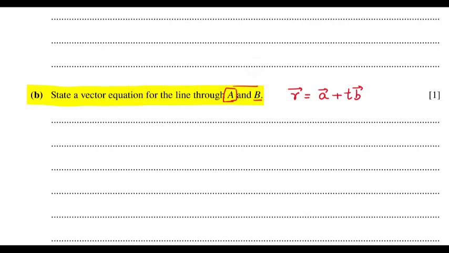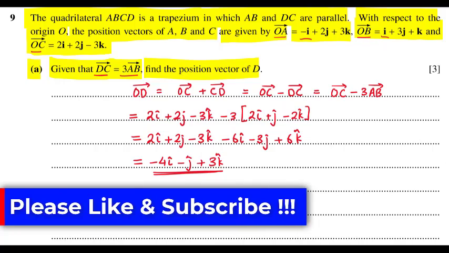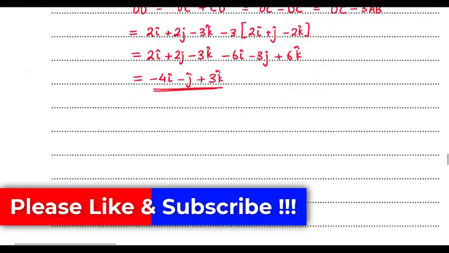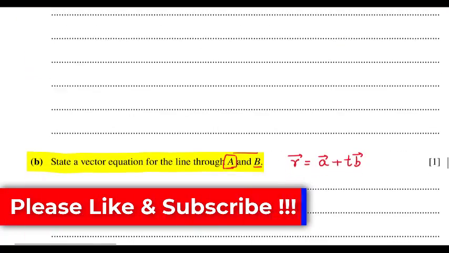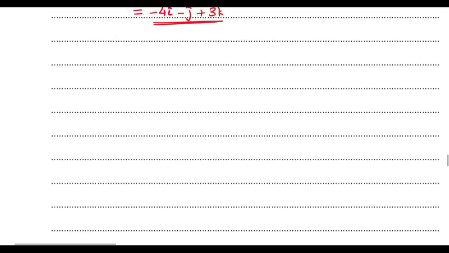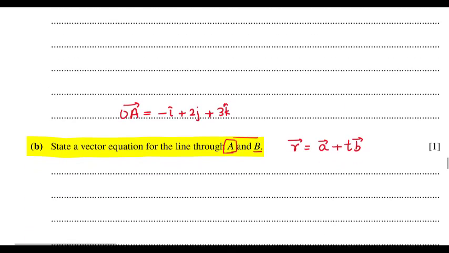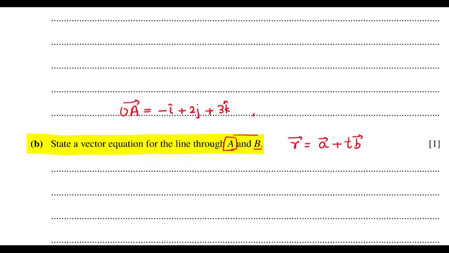OA is -i + 2j + 3k, and AB is 2i + j - 2k, as we have calculated.